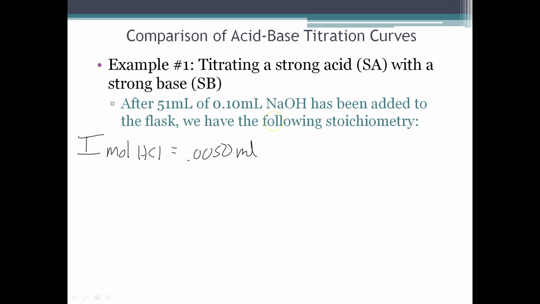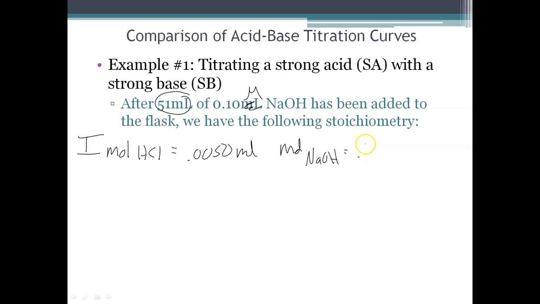0.0050 moles. Now we added 51 milliliters of 0.1 molar NaOH. So let's see how many moles of NaOH we added. Okay, the moles of NaOH that we added here is going to be the same calculation as last time.